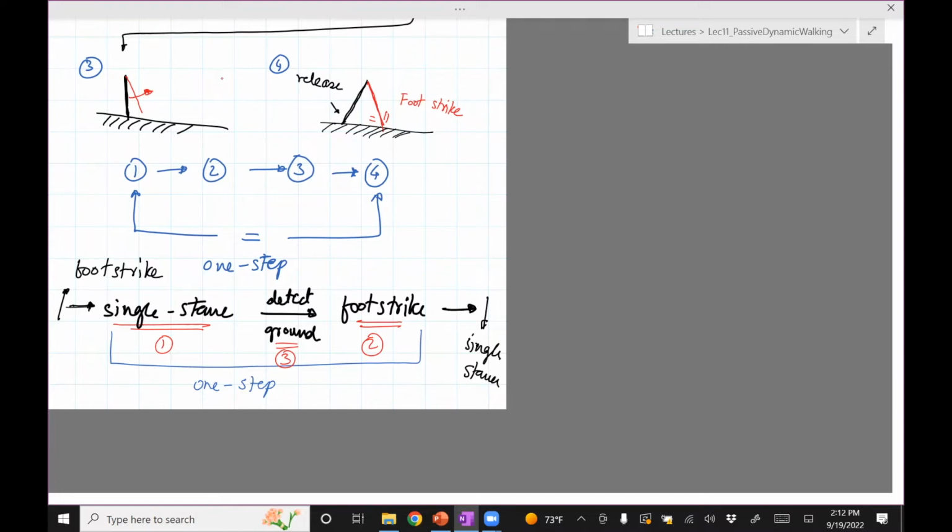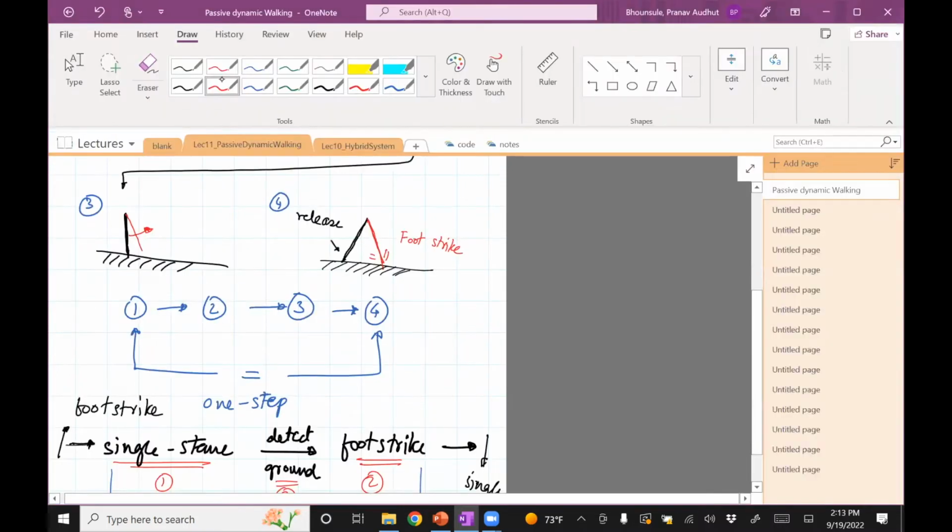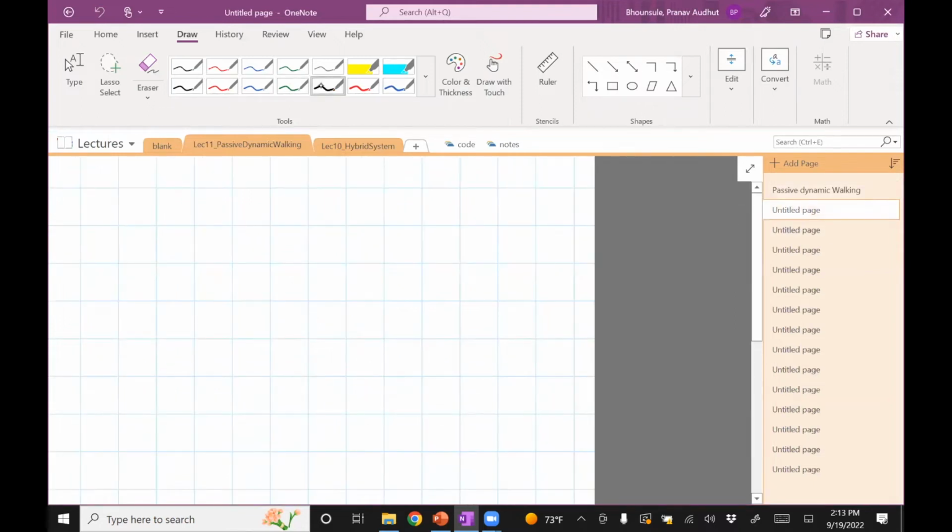And once we have that, we are in a stage to then do the simulation, and then to aid in understanding, we'll also do an animation. So we'll start doing 1, 2, and 3. Okay, so let's get to that. 1, equations of single stance.